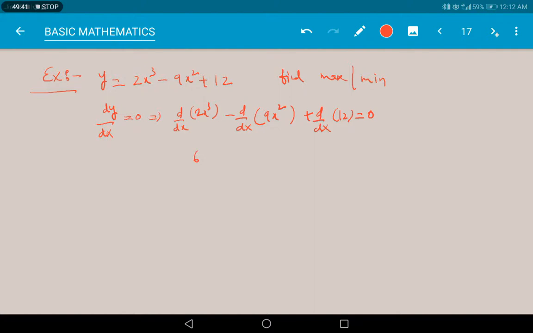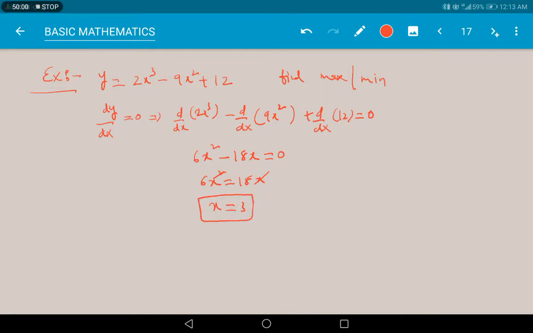Therefore 6x square minus 18x equals 0. So 6x square is equal to 18x. So x is equal to 3.